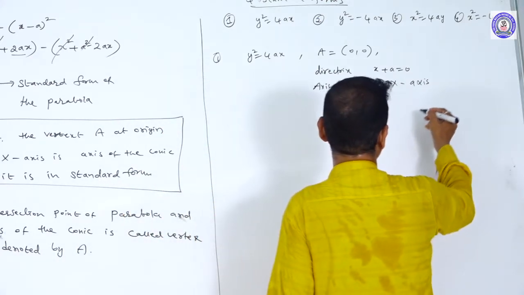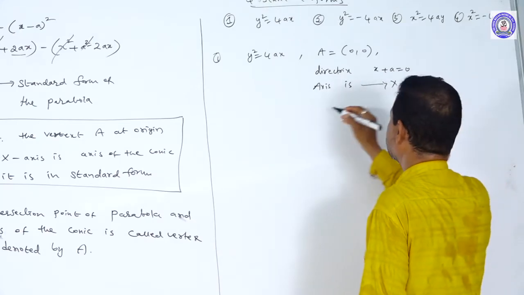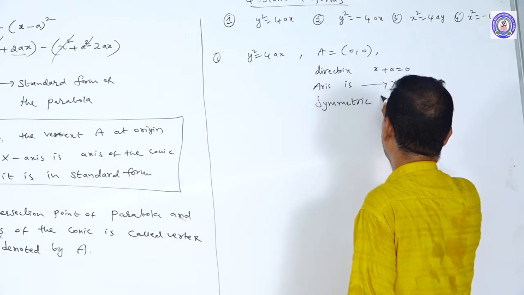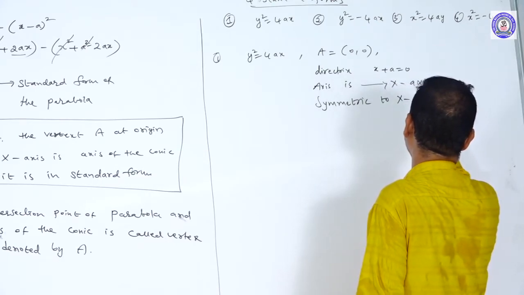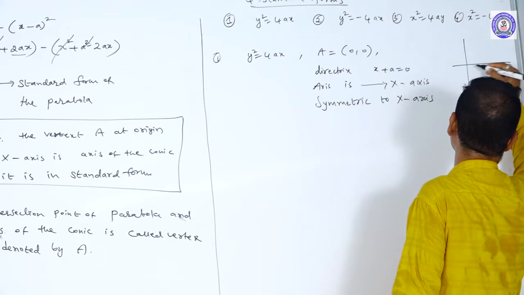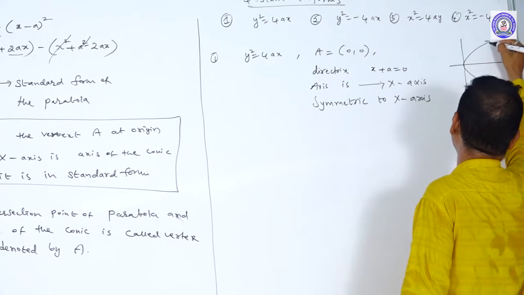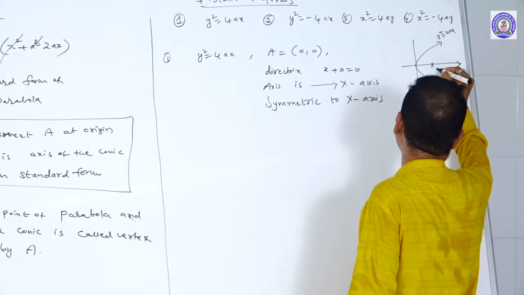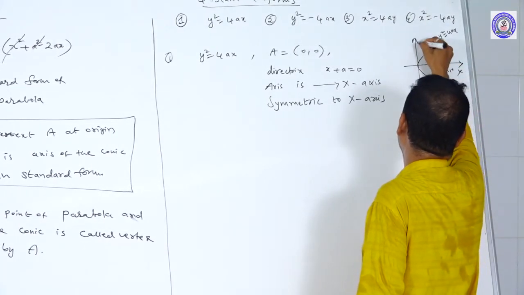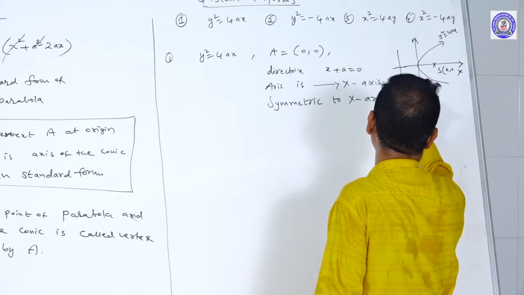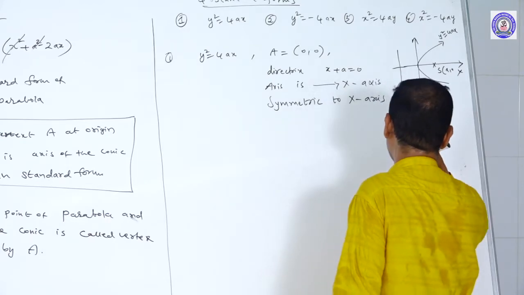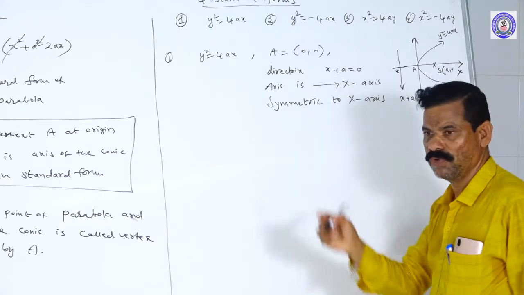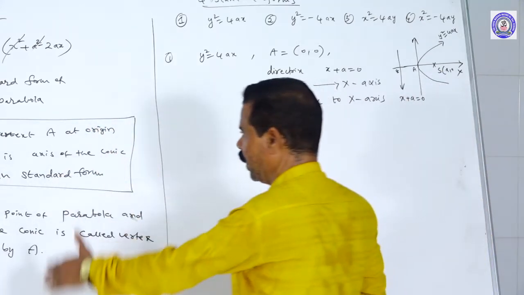So this diagram is symmetric to the x axis. This is y square is equal to 4ax. On the x axis is the focus S, A comma 0. This is the directrix, x plus A is equal to 0. This is the first type. Already we proved it here.